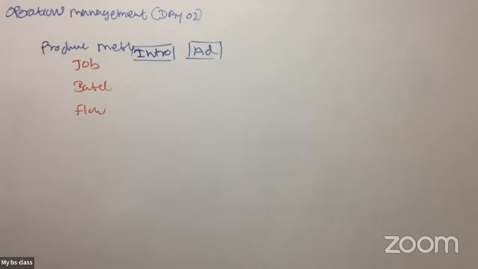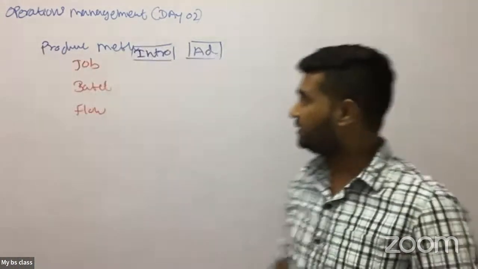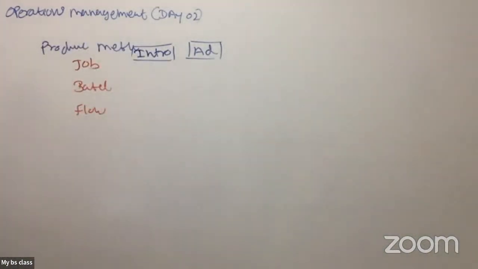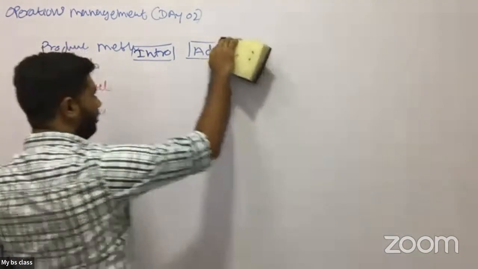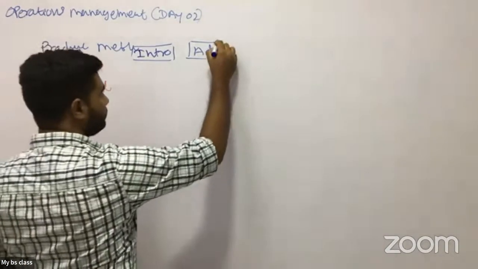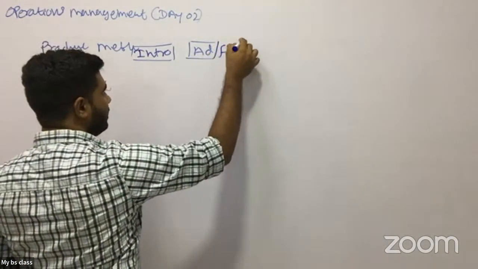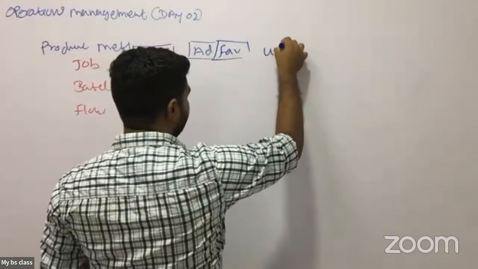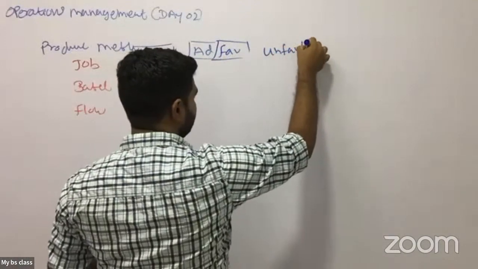I think the best word is the favorable characteristics that you can see, advantages or favorable characteristics. At the same time, you have some unfavorable characteristics or limitations.